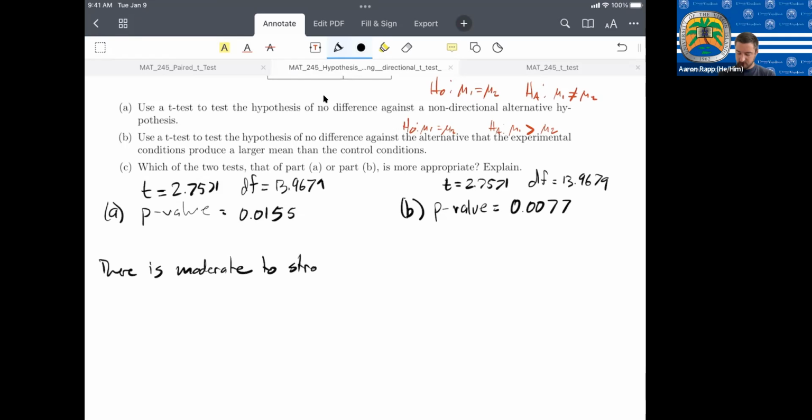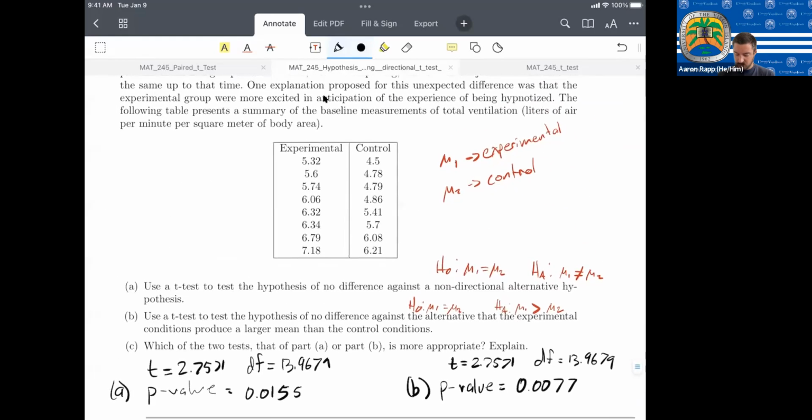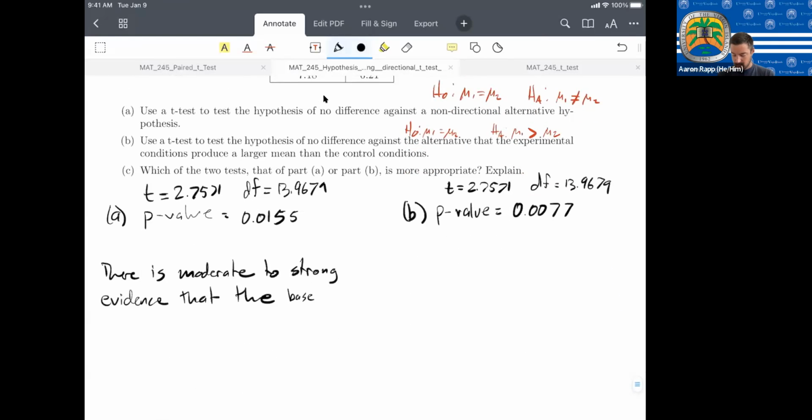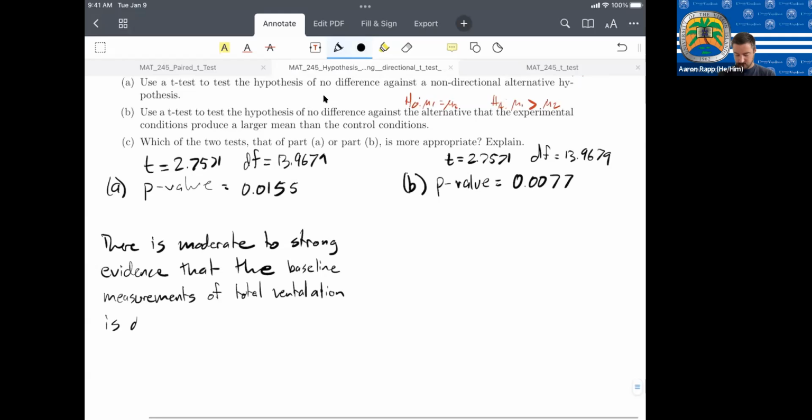So there's moderate to strong evidence that the baseline measurements of total ventilation are different between the experimental group and control group.